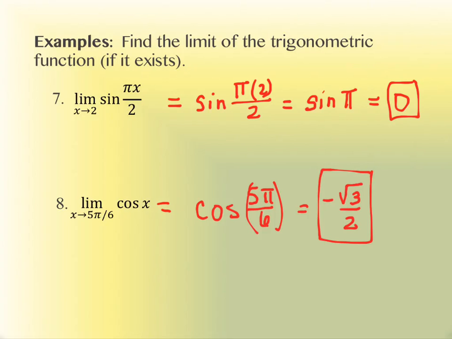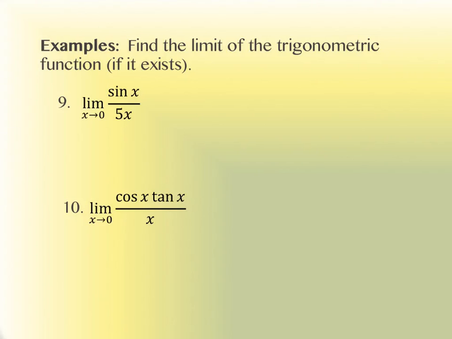All right, let's try another one now that's going to involve a little bit more work on our part. This one actually has the limit as x approaches 0 of sine of x over 5x, which looks a lot like what? Yeah, that little special limit that I put down there. The only difference is that 5 in the denominator, right?